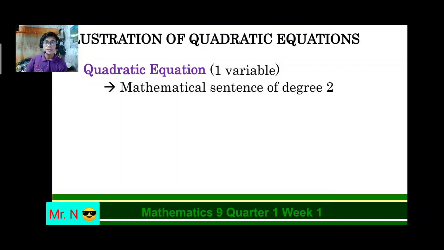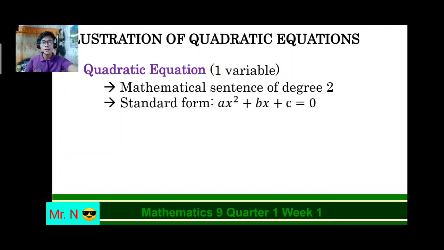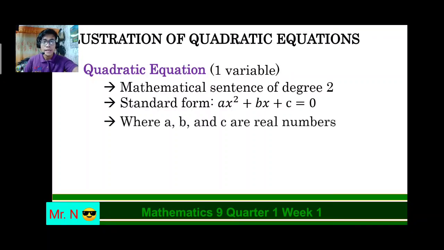Meaning to say, the highest exponent among the terms of that equation is 2. And it can be written in standard form as ax squared plus bx plus c is equals to 0, such that a, b, and c are real numbers, and a should not be equal to 0.